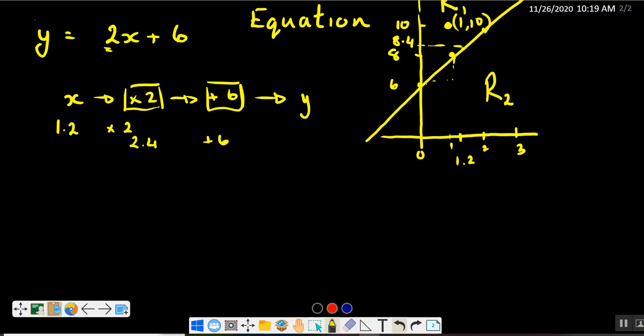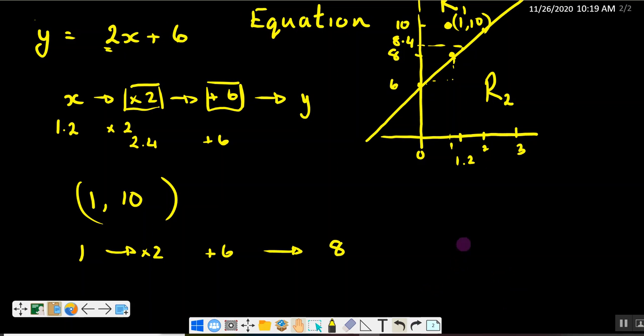But if we look at 1 and 10, if we put 1 in and multiply it by 2 and then add 6, what comes out? 8. Yeah? So R1 is y greater than 2x plus 6.